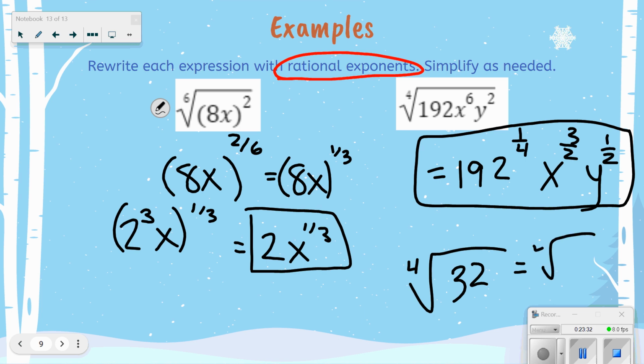All right, 16 is what to what power? 2 to the 4th, which means 32 would be 2 to the 5th. So I could rewrite that as 2 to the 5/4 power.